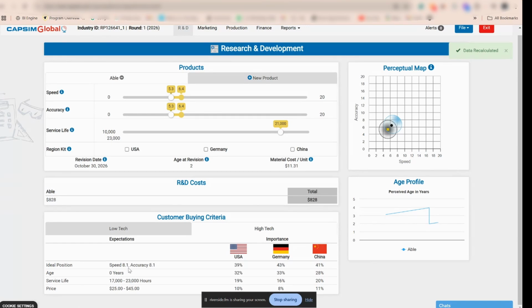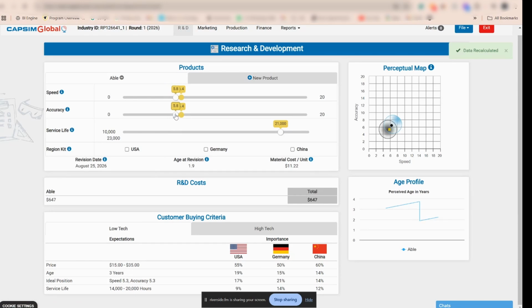Now, this is where you begin to make strategic decisions for your R&D. In this case, I'd rather position it at 5.8. Also, for the low tech market, in terms of priority, the ideal position is third; price is the highest.